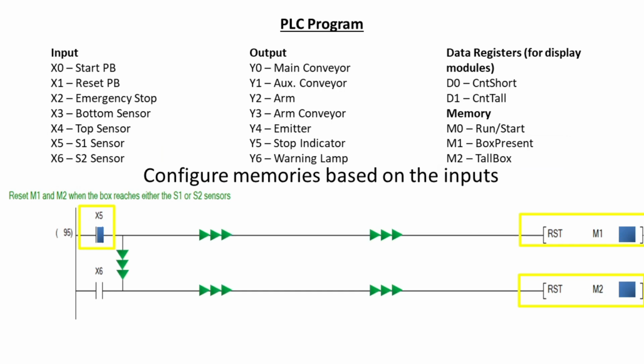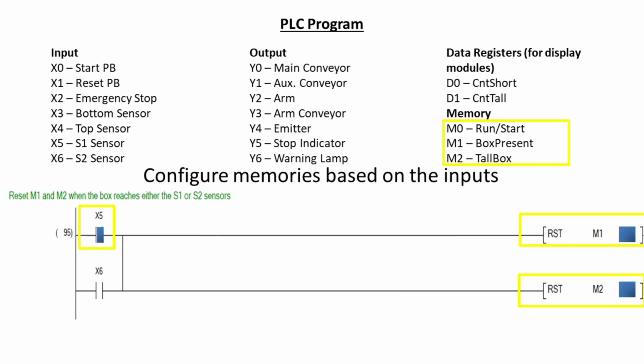Alright, now we understand that M0 being in a high state signifies the operator has initiated the process by pressing the Start push button. M0 transitions to a low state if the operator presses the Reset push button or activates the Emergency push button. If M1 is high, it indicates the presence of any type of box.